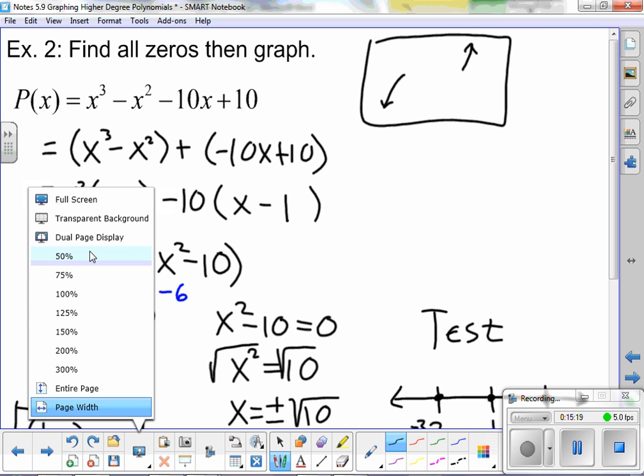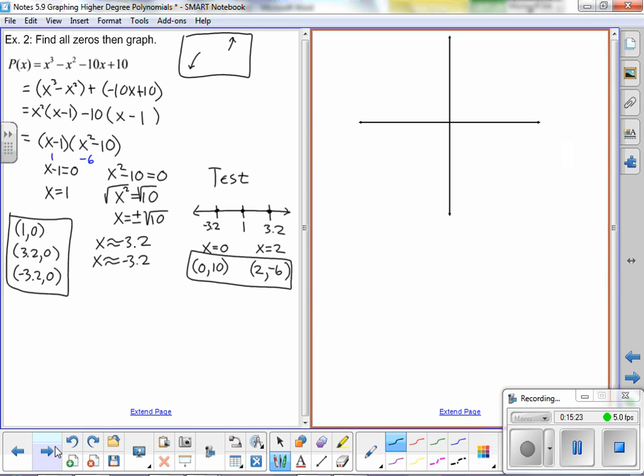Let's see here. Page. Okay, not drawn to scale again. Looks like my x values go up to 10. So 1, 3 to 4. Okay, so you're going to put some points here. 1, 2, 3, 4. 1, 2, 3, 4.